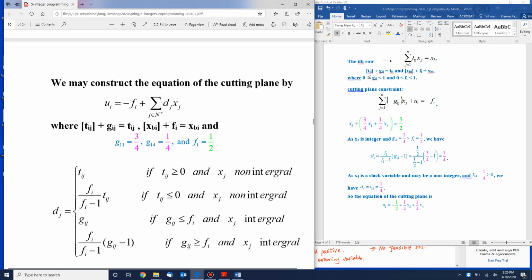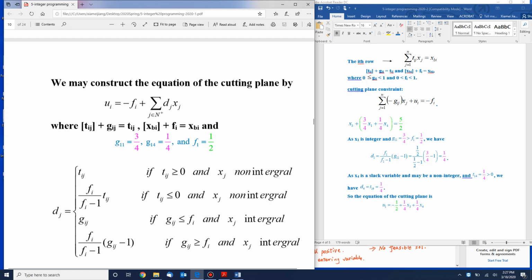If xj is to be integral and gij is less than or equal to fi, then we choose dj equals gij. If xj is to be integer and gij is greater than fi, then we use fi over fi minus 1 times gij minus 1 as the value of dj.